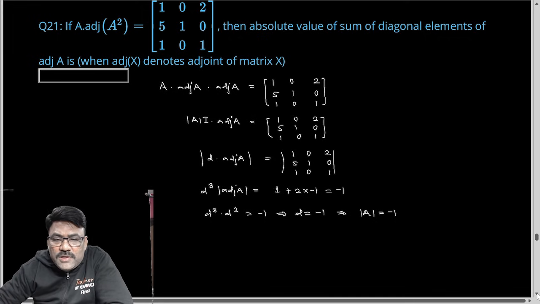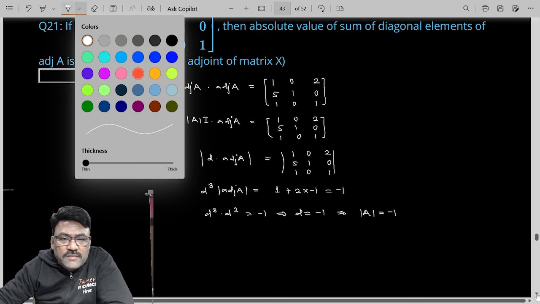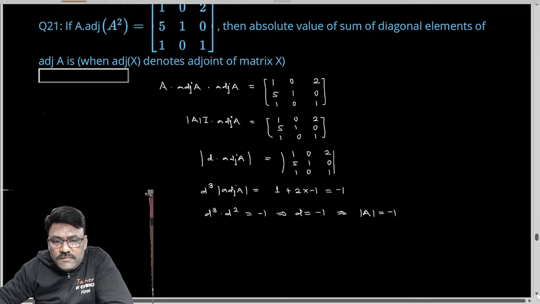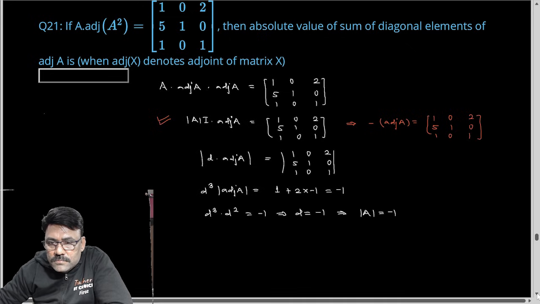Now if you put determinant of A as minus 1 in this system, you will get minus 1 into adjoint A as [1, 0, 2; 5, 1, 0; 1, 0, 1]. So hence, what will be adjoint A?